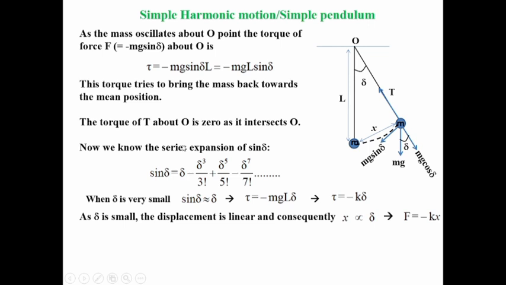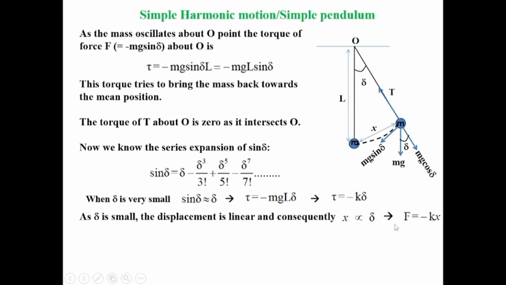Now if we expand the sin delta function, and if delta is very small, sin delta will be delta, and this restoring force we can write like this. Here k is basically mgl. As delta is small, the displacement will be linear, and we can write x proportional to delta.